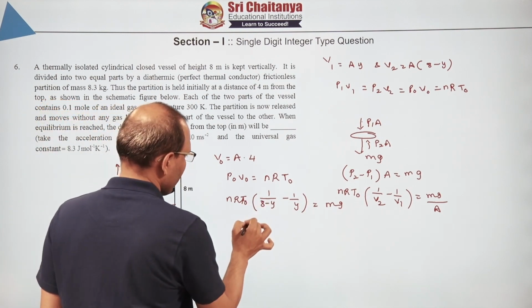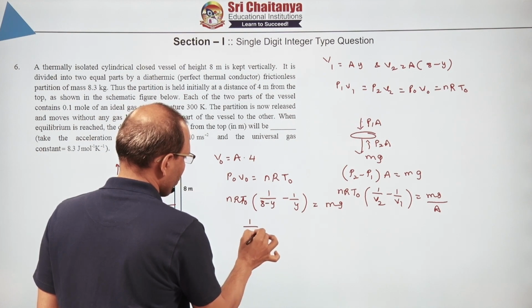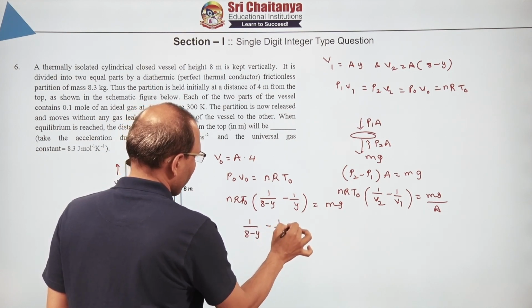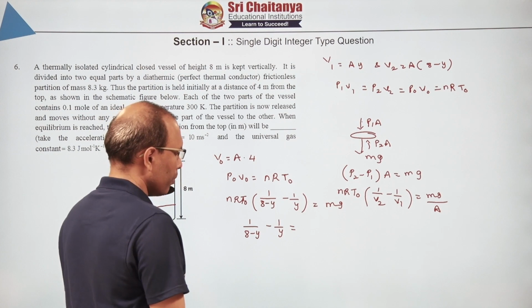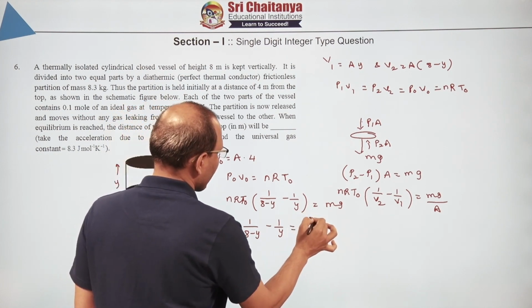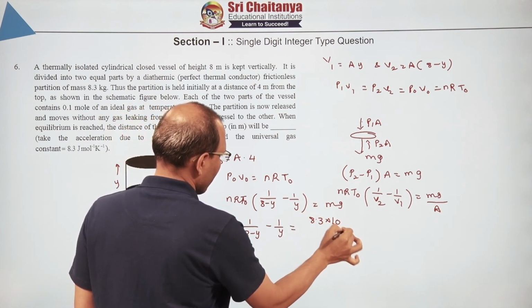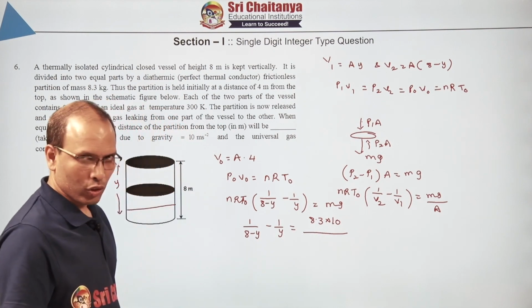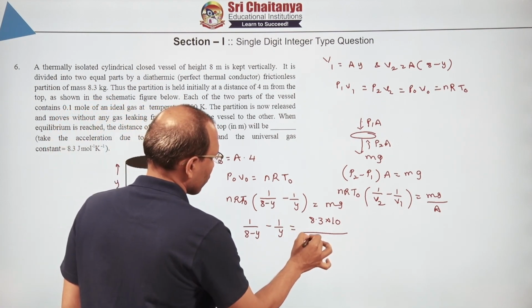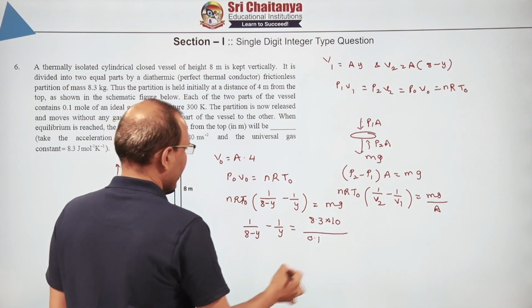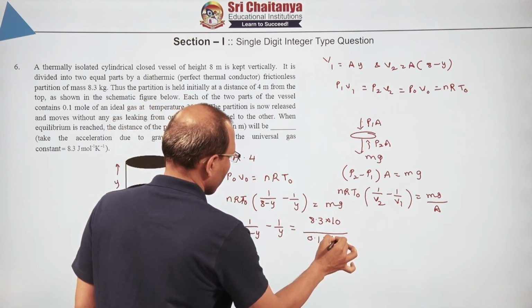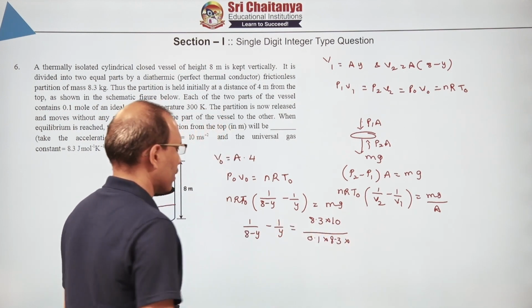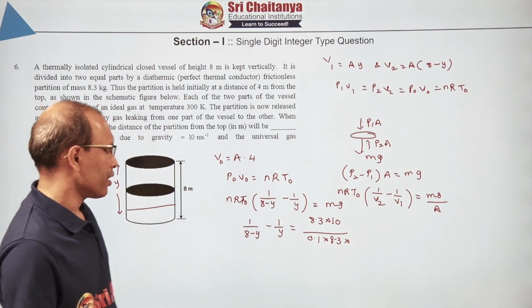So we can see it here, 1 by 8 minus y minus 1 by y is equal to mg. m is 8.3, g is 10, n is 0.1, R is 8.3, and T naught, the initial temperature, is 300.